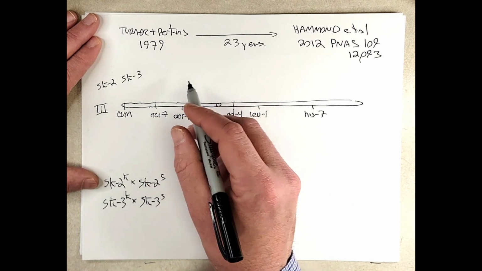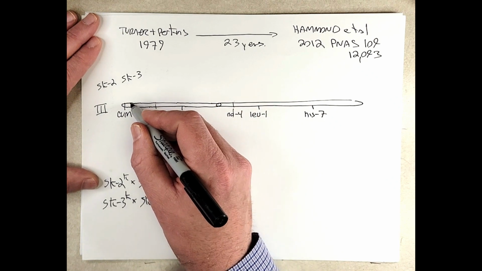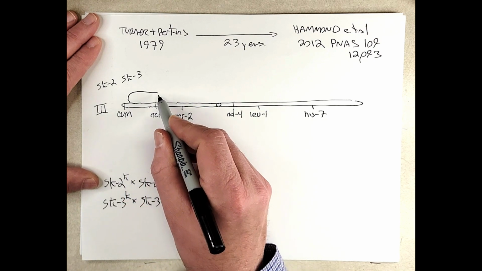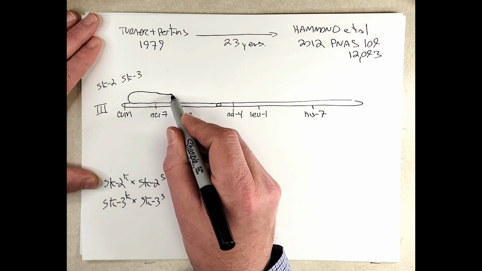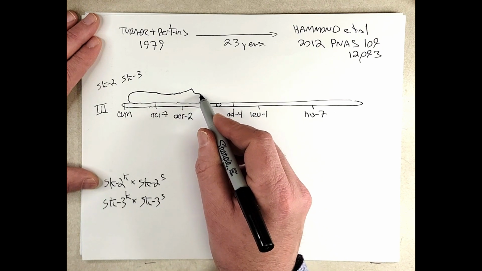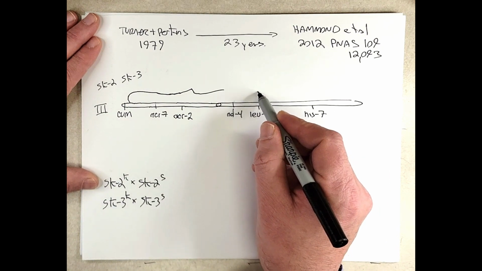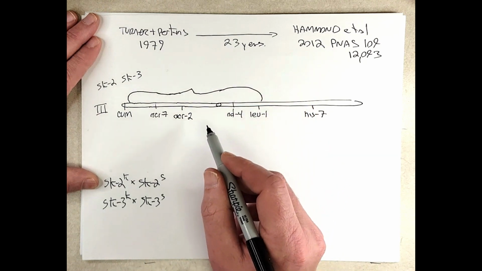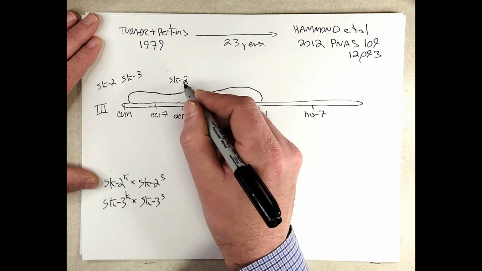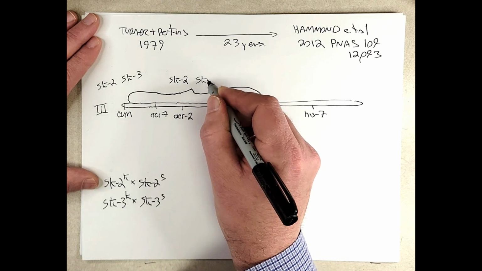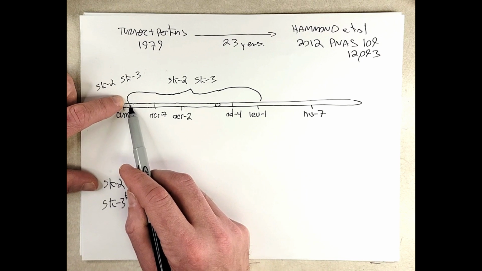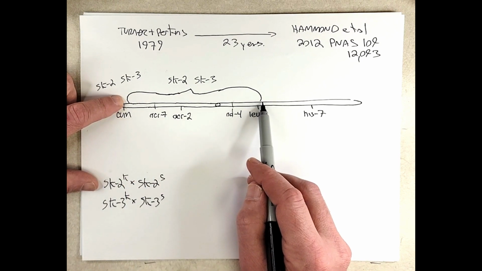And what they find over this 23 years, by trying to identify the genes that control spore killing by SK2 and SK3, is that they know they're on chromosome 3, but what they now know, after a lot of research, is that the genes required for spore killing by SK2 and SK3 are found somewhere between the cumulus gene and the LU1 gene.